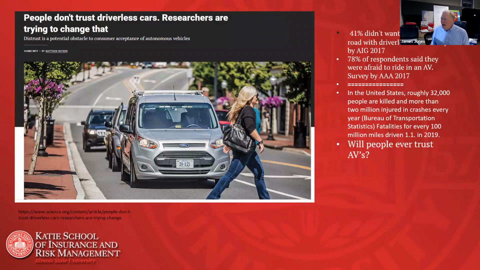Another thing that frightens us is when we lose control, or when things happen that we don't quite understand. So first of all, in the United States, with manually driven vehicles, about 32,000 people die a year. And we have 41% of people saying they didn't want to share the road with driverless cars, which ostensibly, and I think so far, have proven to be much safer than that.